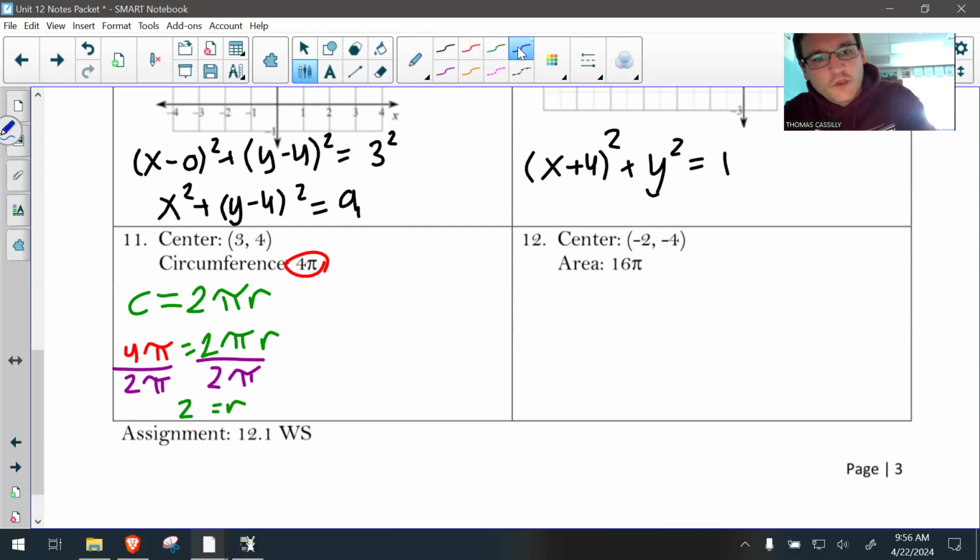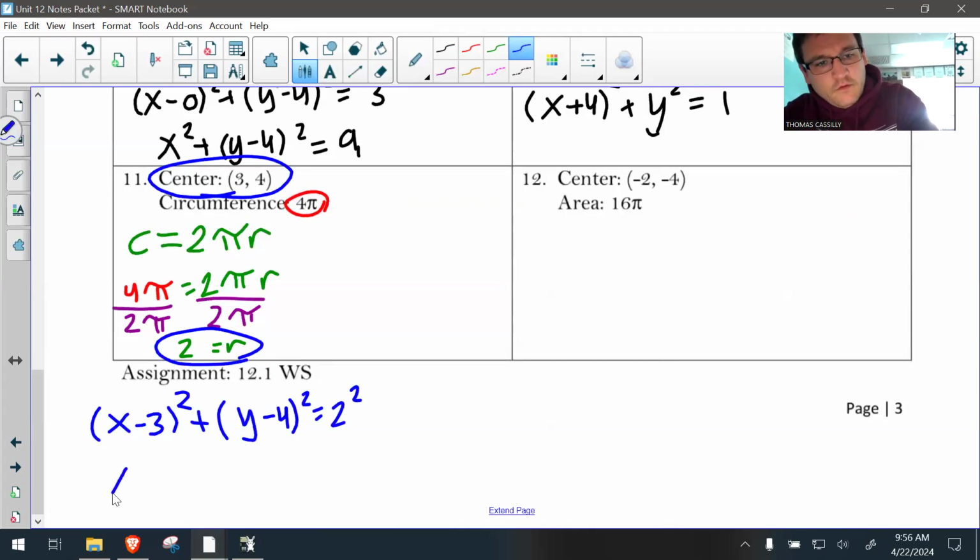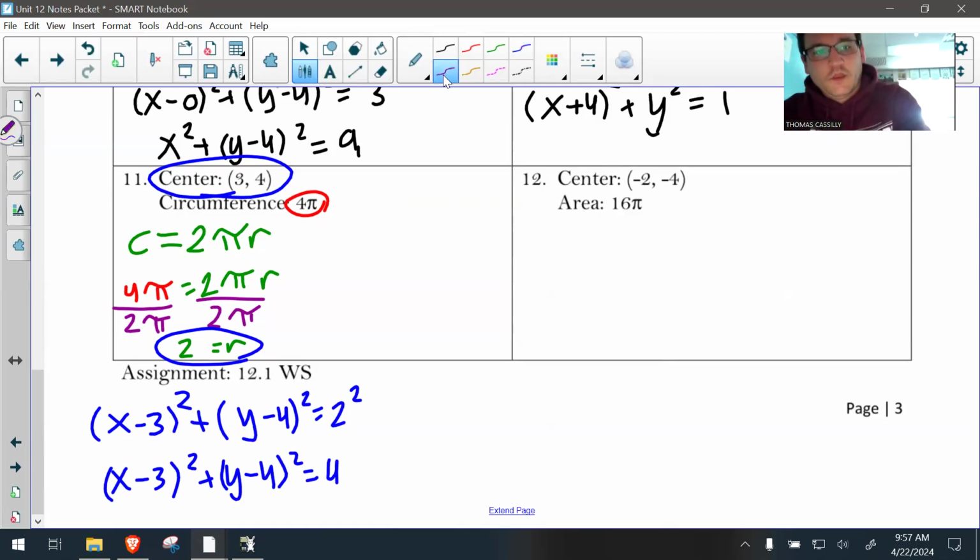So now here's your radius. Here's your center. Make the equation out of that: x minus 3 squared plus y minus 4 squared equals 2 squared. Right? So last step, just square out that 2. x minus 3 squared plus y minus 4 squared equals 4.